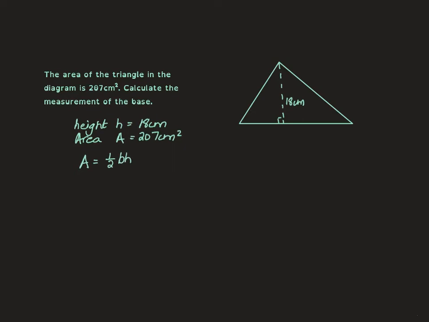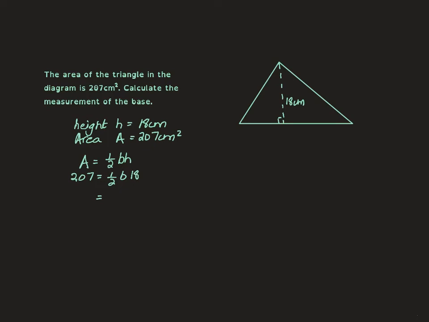Now work out the substitution. 18 is going to be substituted in the place of h. 207 is going to be substituted in the place of A, and that'll leave us with b to calculate. So A is 207 is equal to 1/2 b, and then h is 18. Whoops, that looks a bit of a mess, doesn't it? So we need to tidy this up.